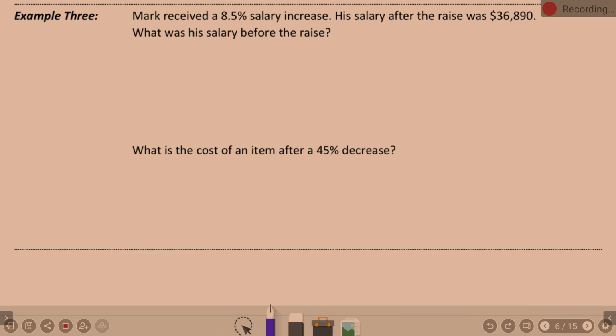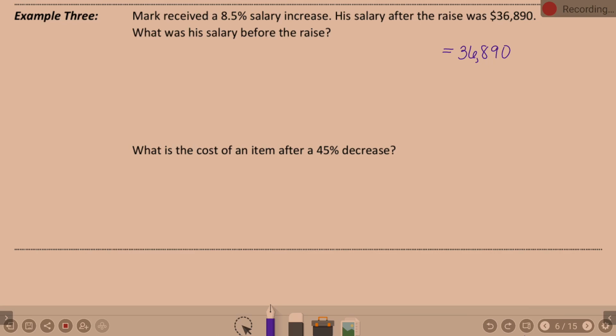So I'm going to have us think about an equation here. I know the total salary is $36,890. How did we get that $36,890? You added a raise onto what? His previous salary.